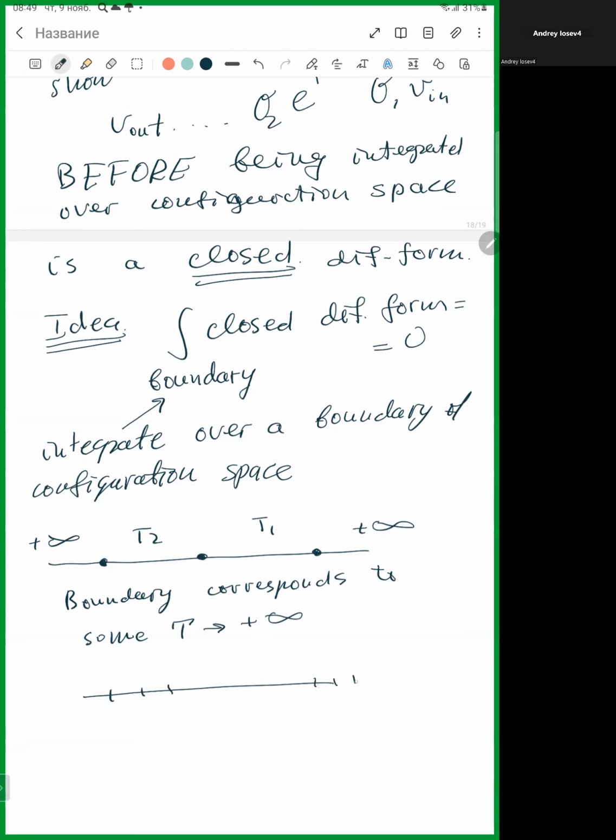In terms of picture, it is like this. So this interval, T, is going to infinity. So boundary looks like this.